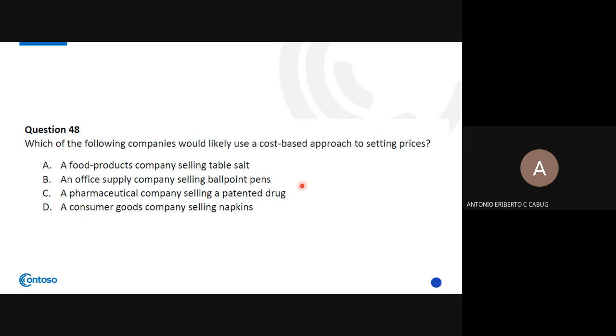Enter your answers. So the correct answer is letter C. The medicines are not standardized, ha?